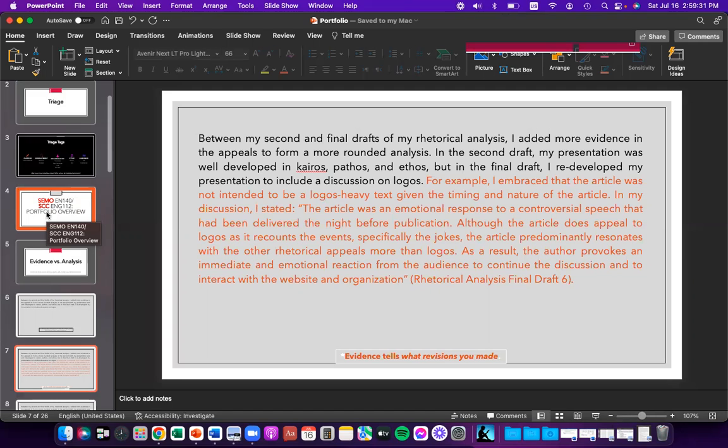Although the article does appeal to logos as it recounts the events, specifically the jokes, the article predominantly resonates with the other rhetorical appeals more than logos. As a result, the author provokes an immediate emotional reaction from the audience to continue the discussion and to interact with the website and organization.